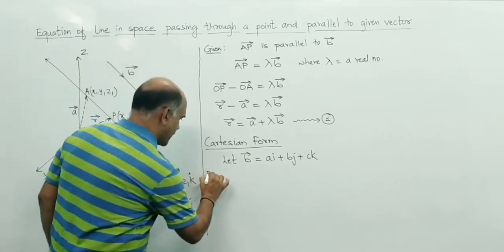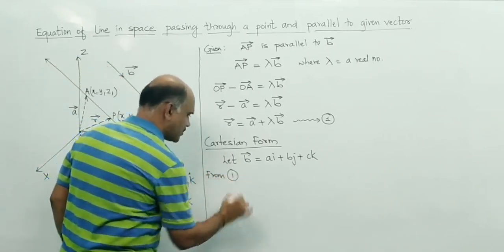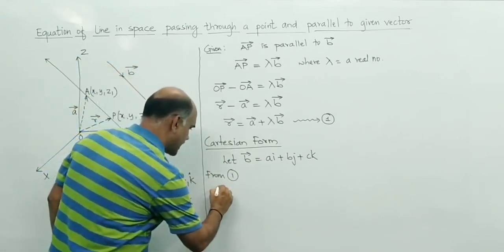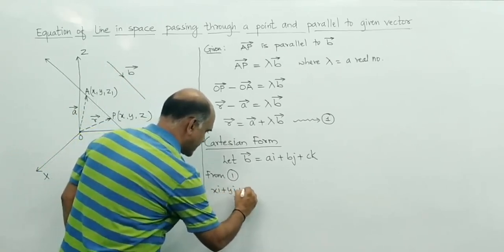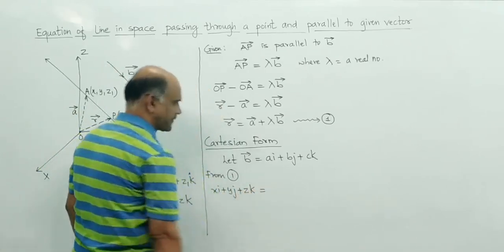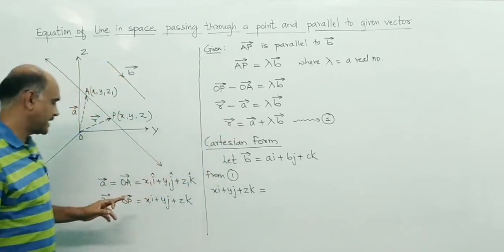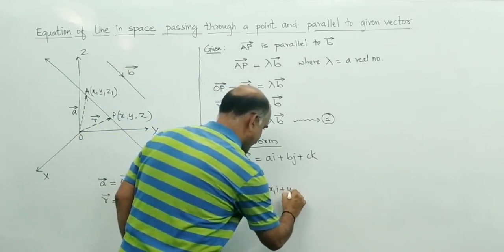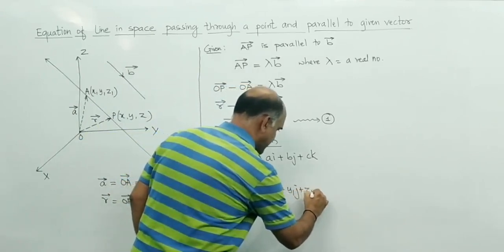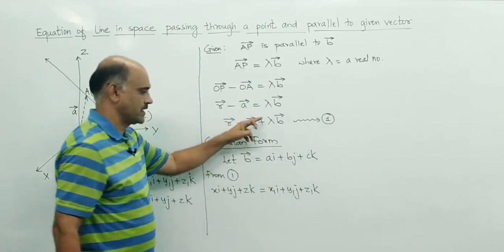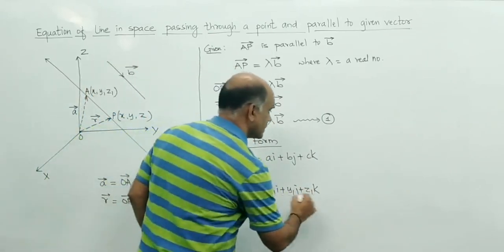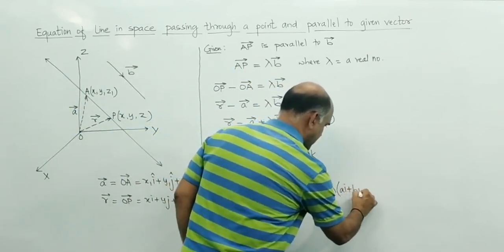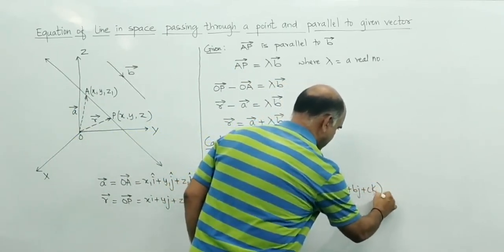So from 1, r is xi plus yj plus zk, vector a is x1i plus y1j plus z1k, plus lambda, b is ai plus bj plus ck.